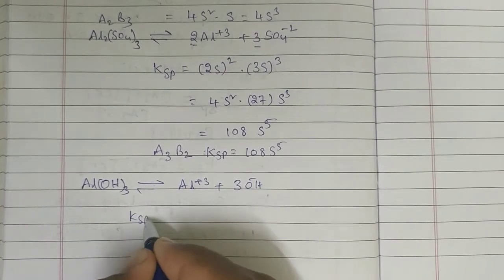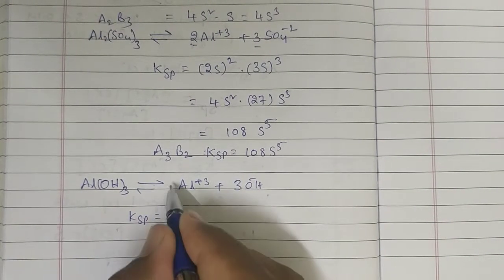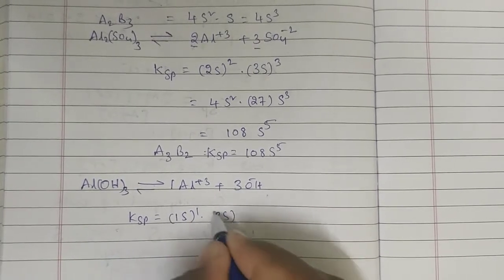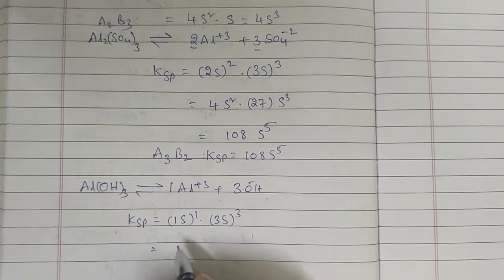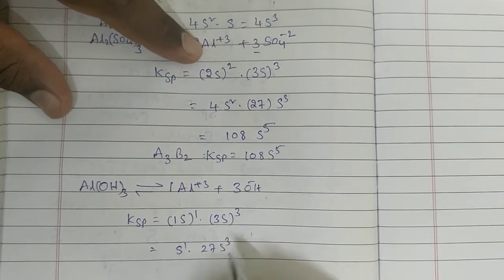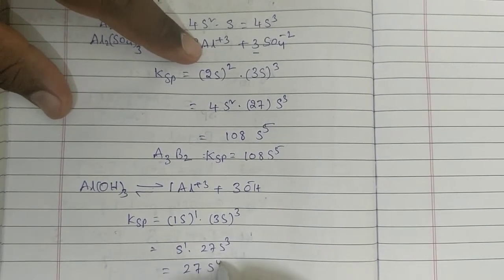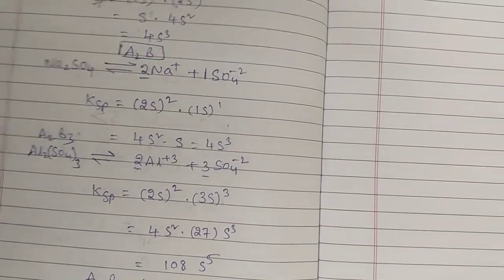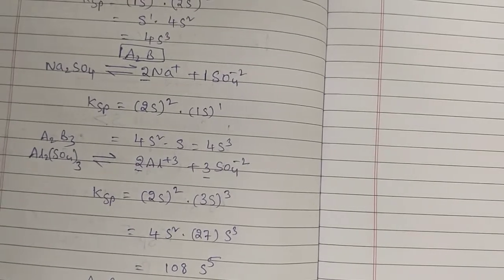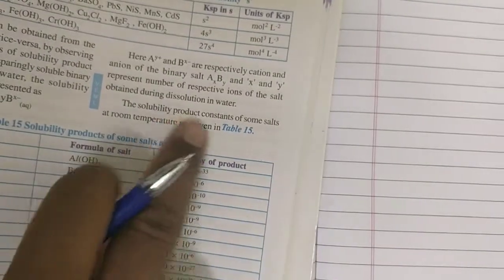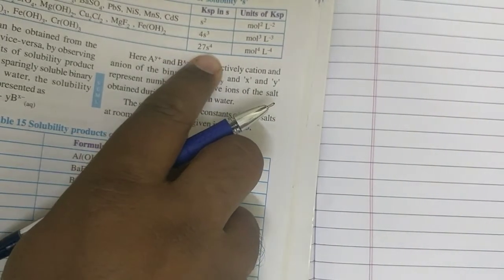Then Ksp is equal to, here one coefficient is there, 1s^1 into (3s)^3, s into 27s^3, 27s^4. See, that one only they wrote, AB3 type, 27s^4.